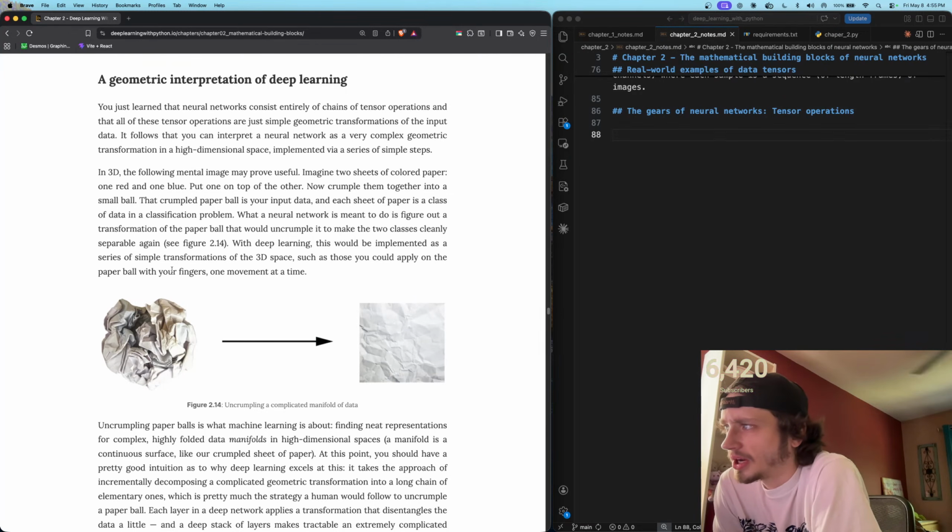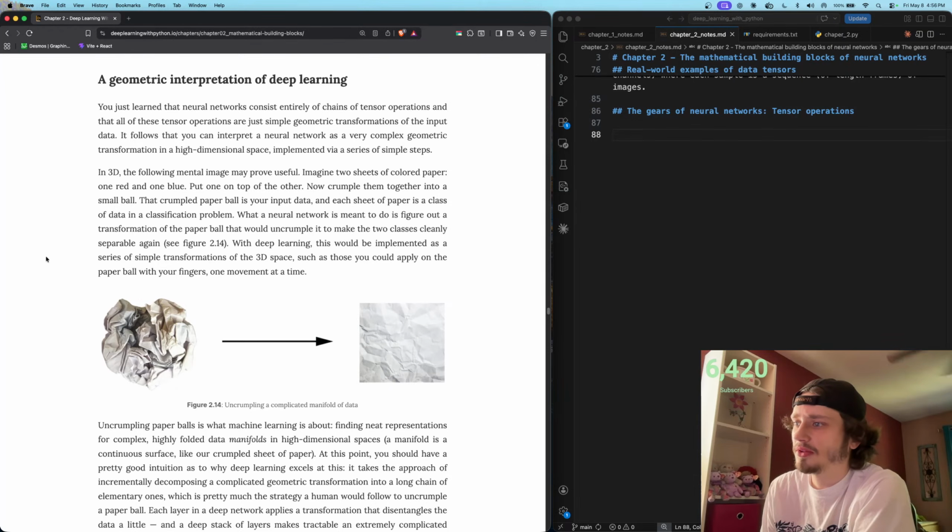What a neural network is meant to do is figure out a transformation of the paper ball that would uncrumple it to make the two classes cleanly separable again. With deep learning, this would be implemented as a series of simple transformations of the 3D space, such as those you could apply on the paper ball with your fingers, one move at a time.